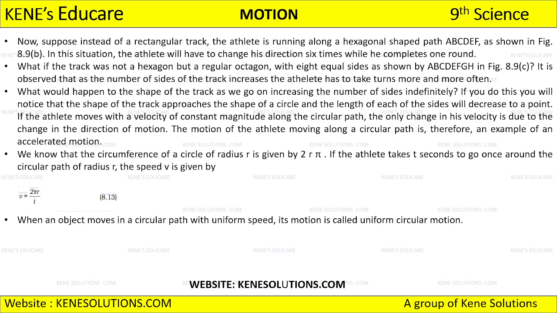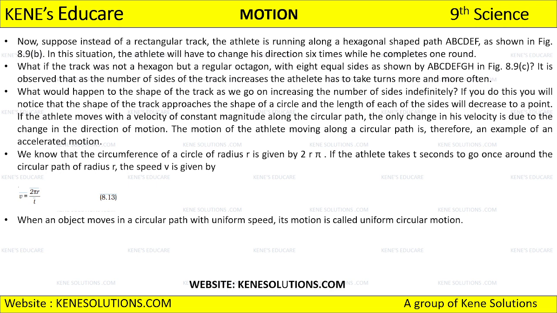The motion of the athlete moving along a circular path is an example of accelerated motion. What can you conclude? That the motion of an athlete moving along a circular path is an example of accelerated motion, right?